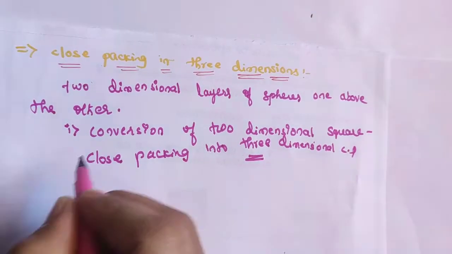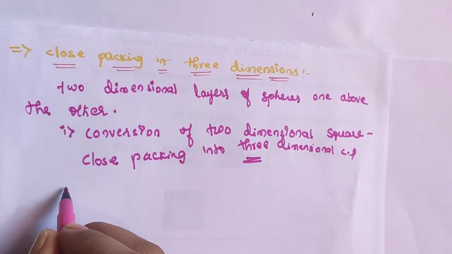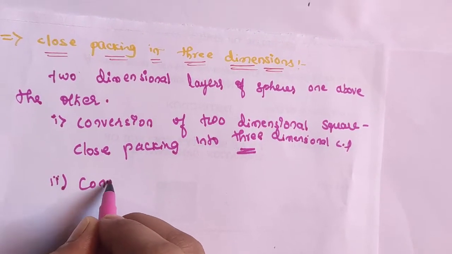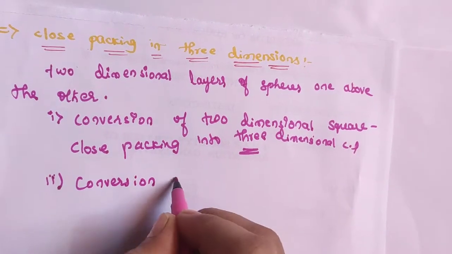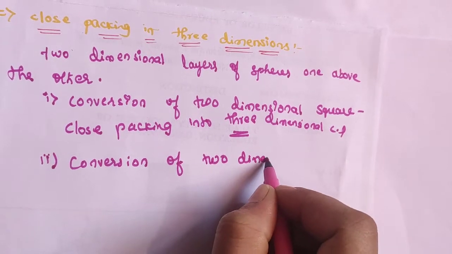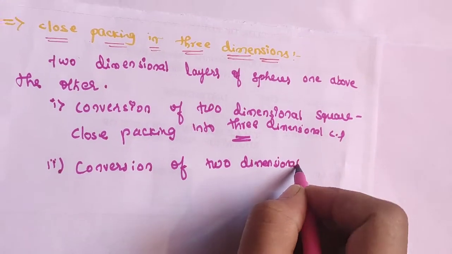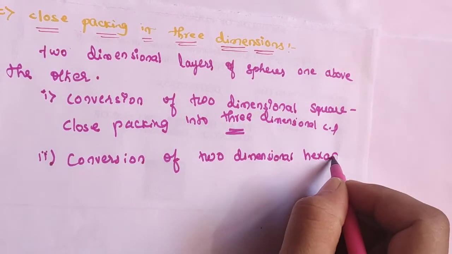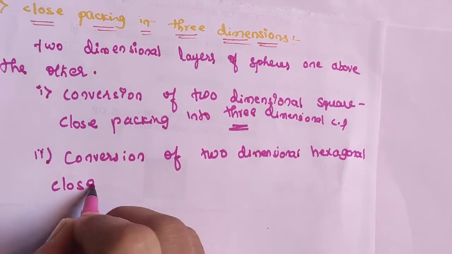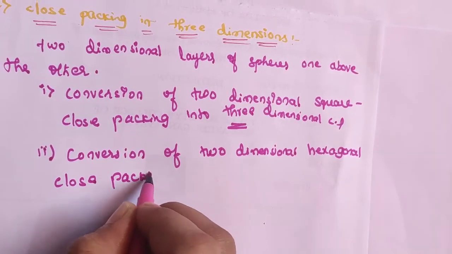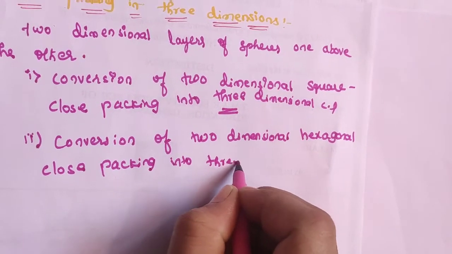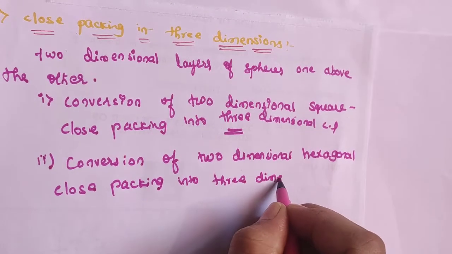The second is similar: the conversion of two-dimensional hexagonal close packing into 3-dimensional close packing.